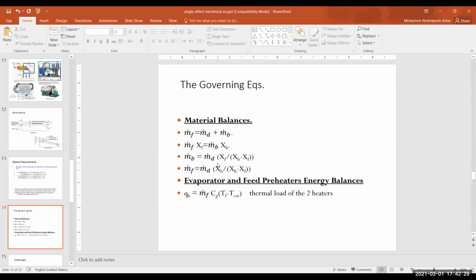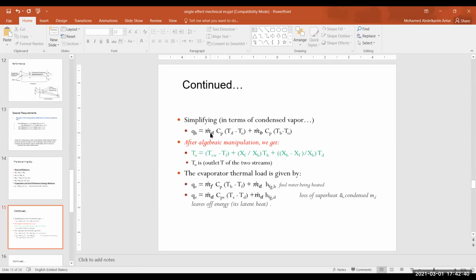Equations 3 and 4 are nothing but manipulations or rewriting of equations 1 and 2. We looked at the energy balance for the two heaters together, and then the two heaters are being split. Part of it is energy lost by the distillate and energy lost by the brine. And these two streams are used to preheat the feed, M dot feed, from T cooling water to TF.